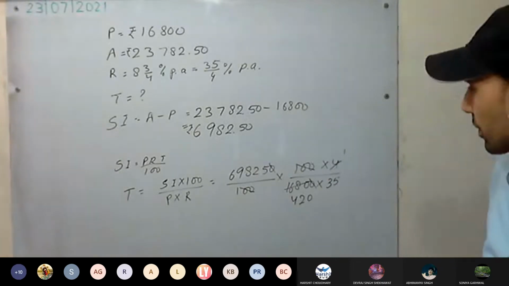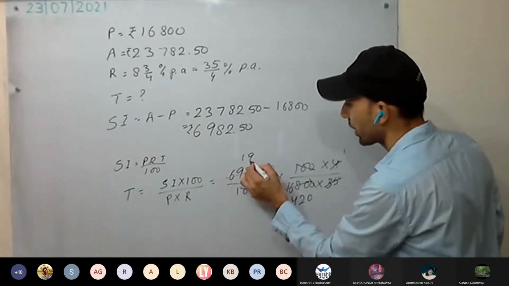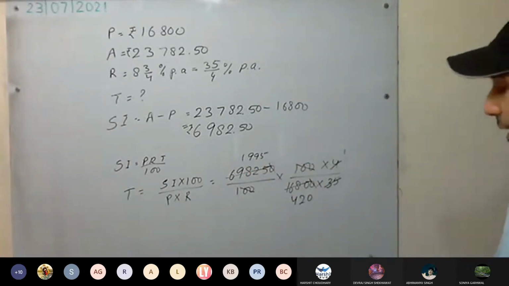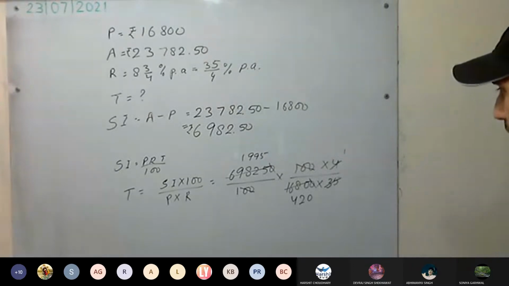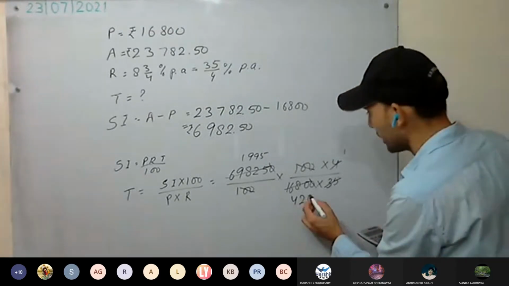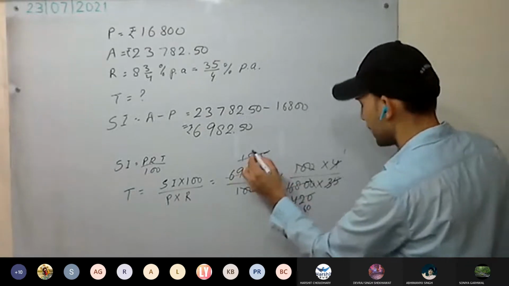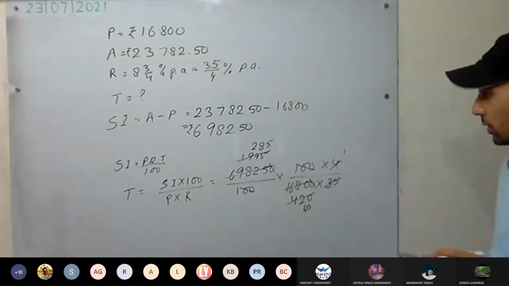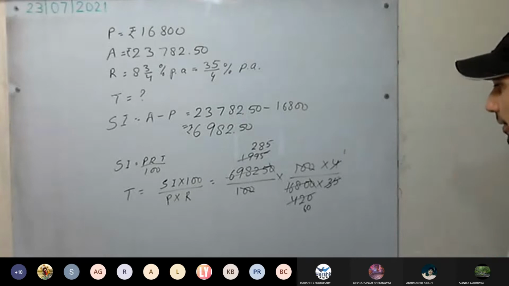If we cancel this, it is again divisible by 7. Here 7 and 285. 285 is divisible by 5, and again divisible by 3.